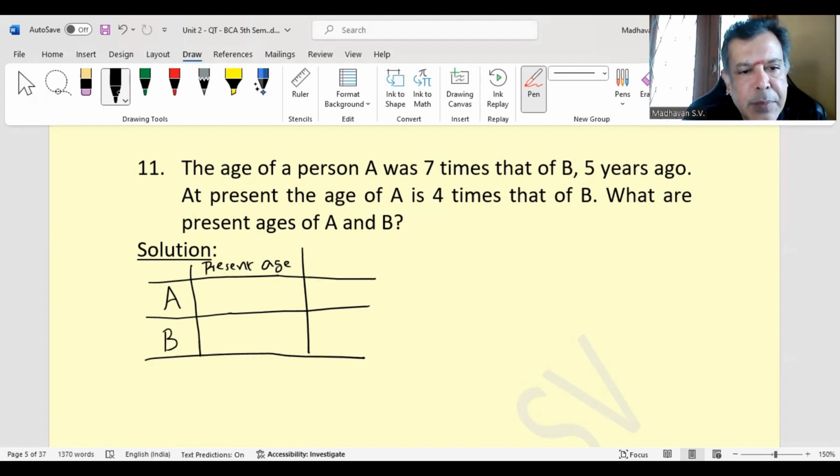Assuming B's present age as X, it is given that at present the age of A is 4 times that of B, so we will make this 4 times X. And then they talk about 5 years ago. 5 years ago, A's age would have been 4x minus 5, B's age x minus 5.